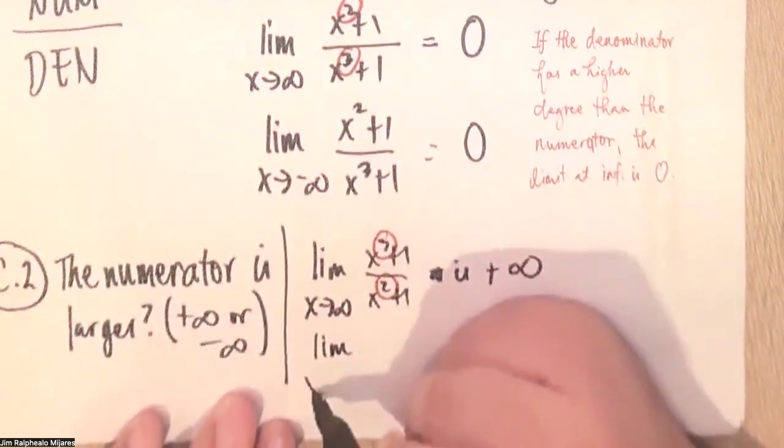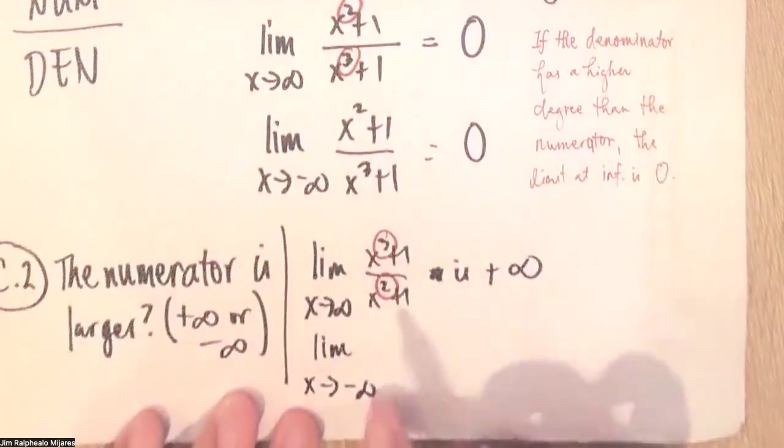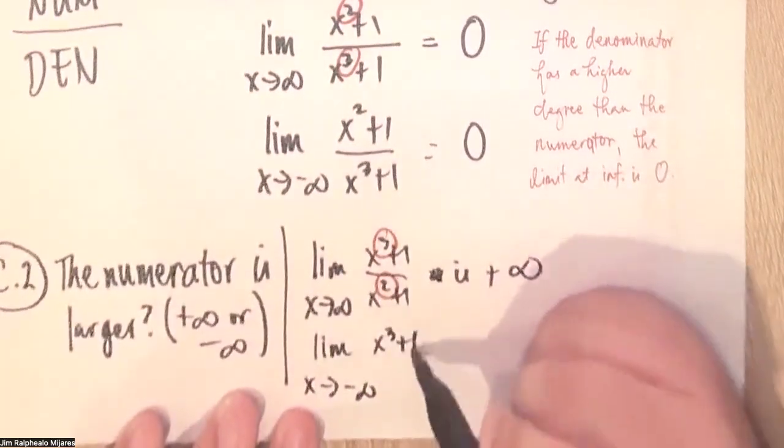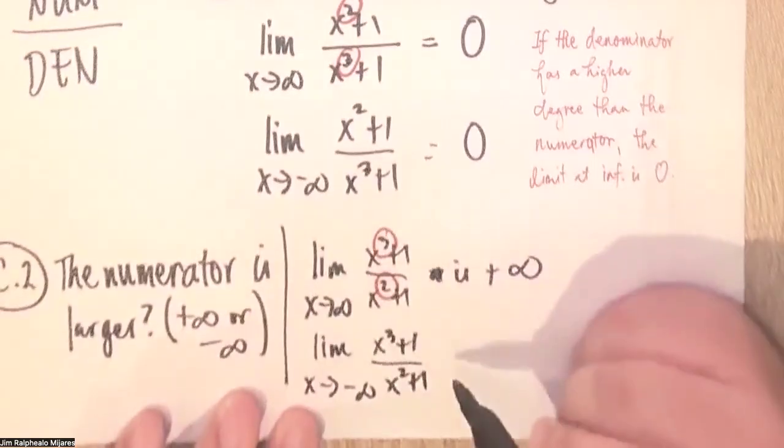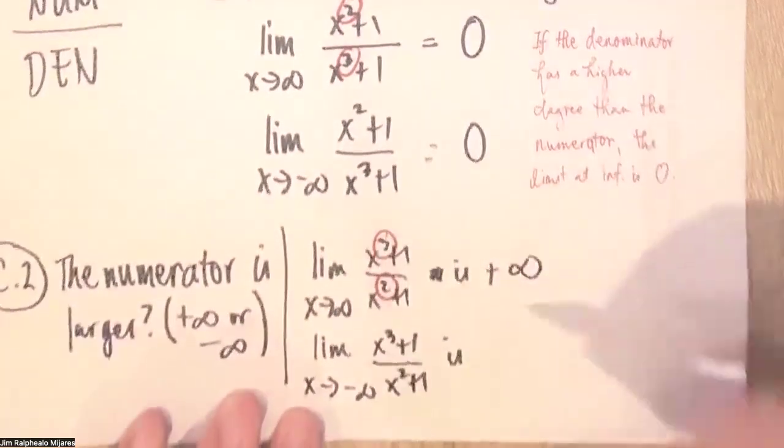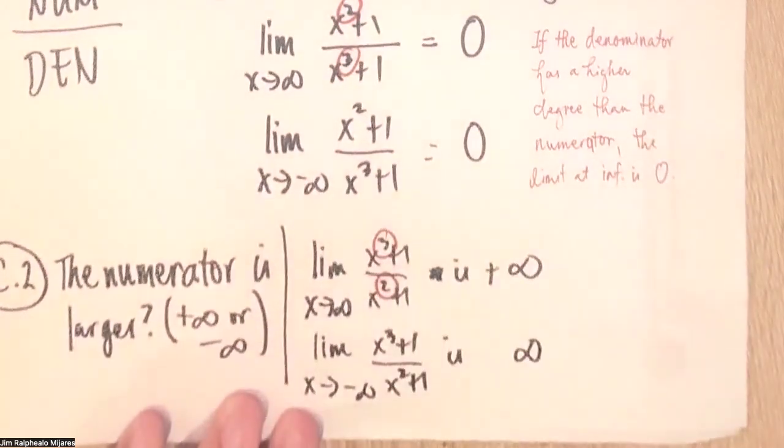On the other hand, the limit as x approaches negative infinity of the same function. So this is still infinity because the numerator is larger, but is it positive or negative? Let's see. It's a negative number, so the denominator here becomes negative.